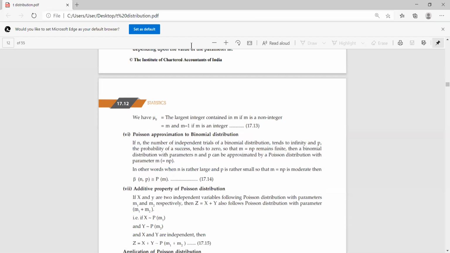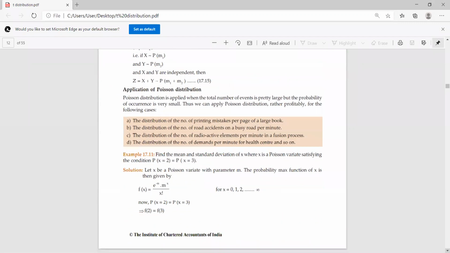We have done this: m is equal to np. If the number of independent trials n tends to infinity, the probability of success tends to 0. We have done this. Even additive property has been covered. Then start the applications. You need to read the applications really strongly. You have questions on this.